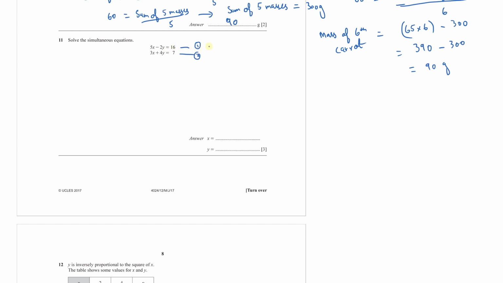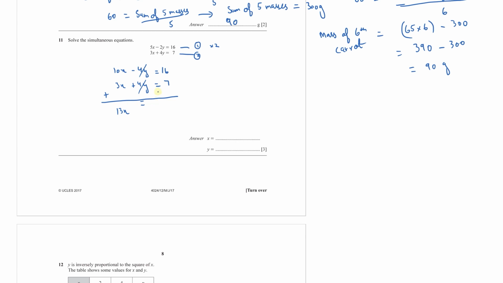If I multiply the first equation by 2, I get 10x minus 4y equals 32. And then I write this, 3x plus 4y equals 7. So I already have opposite signs for y. So let's add the two equations. 10x plus 3x would give me 13x. These would cancel out.